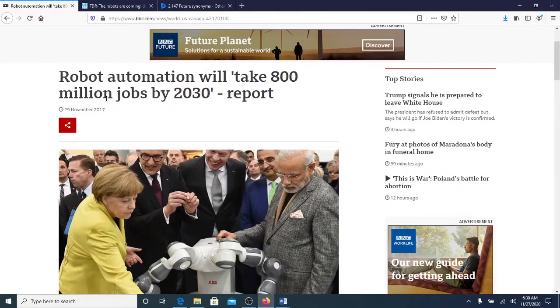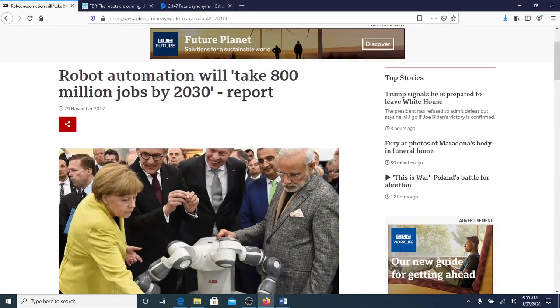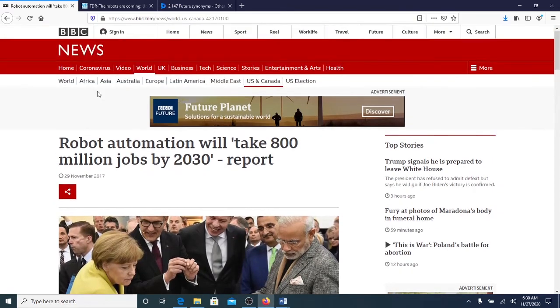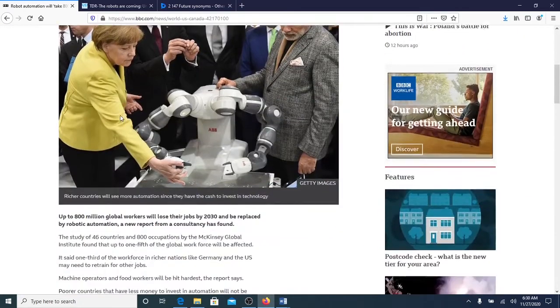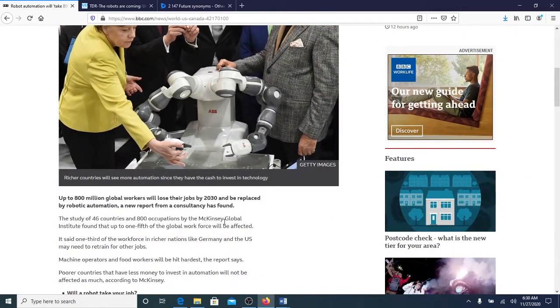Then I found out that there was an article by the BBC whereby the McKinsey Global Institute found out that one fifth of the global workforce will be affected by 2030. That is approximately 800 million global workers who will lose their jobs by 2030.